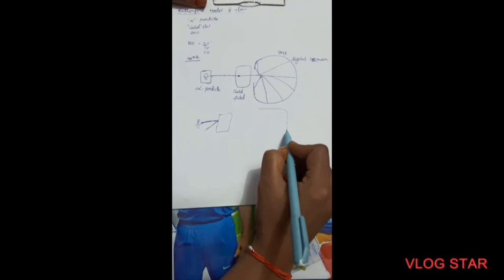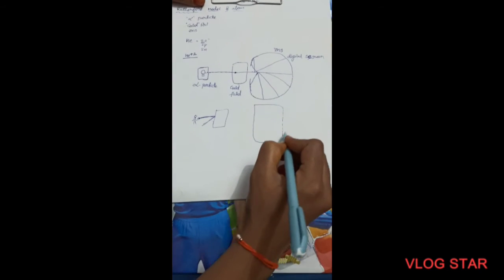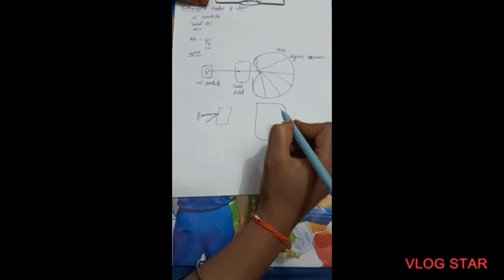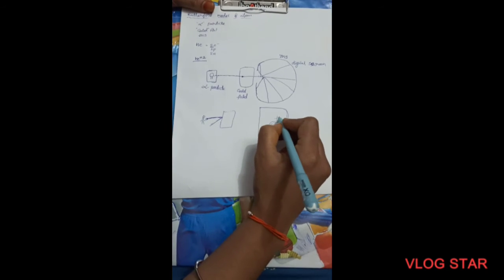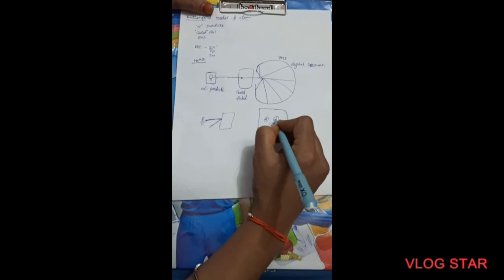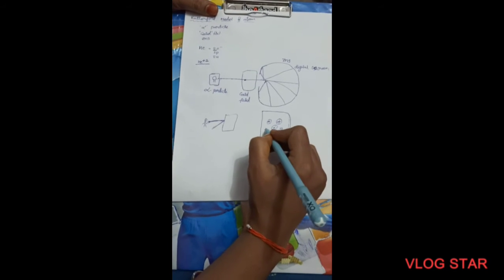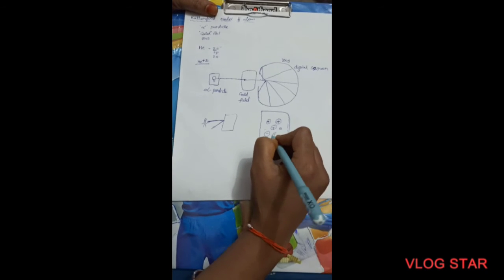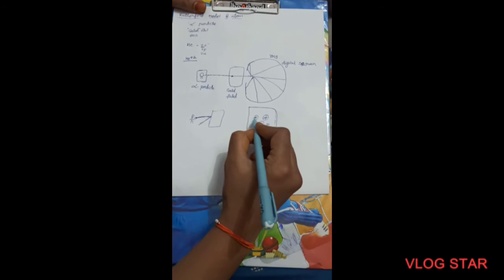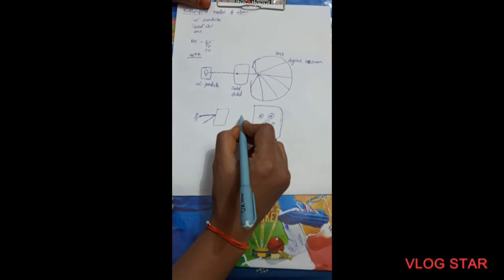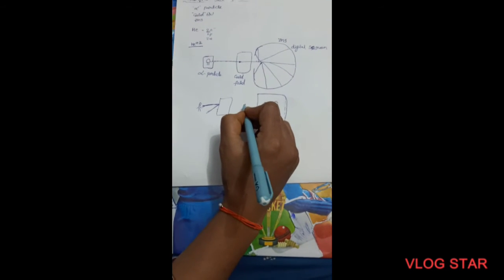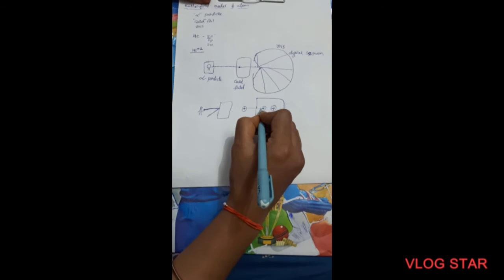We'll take another model. This is the gold foil, a very thin layer. In this gold foil, the positively and negatively charged particles are arranged like this. When the alpha particles enter this foil, positively charged alpha particles are passing through this foil.